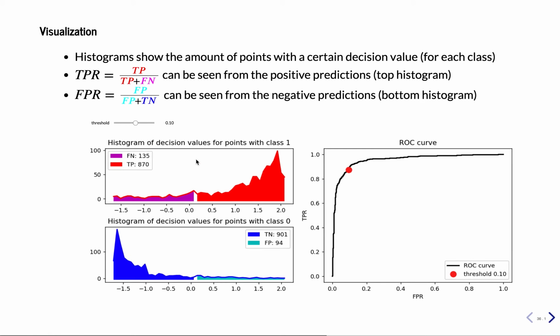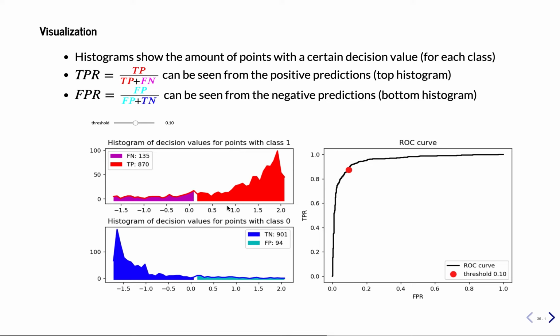This is a visualization of these ratios in a probably easier way. So in this figure here, I have all the points in my data set which are actually the positive class. Right? So all my positive points are in this histogram. And on the x-axis here, I have the decision value.